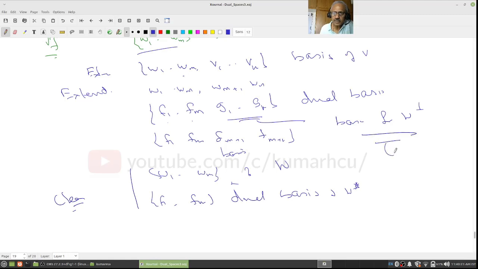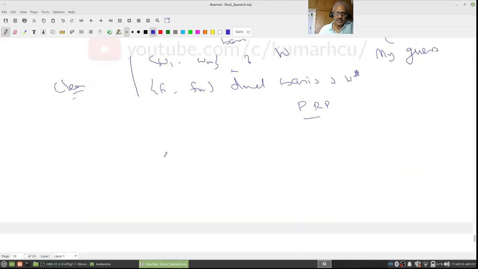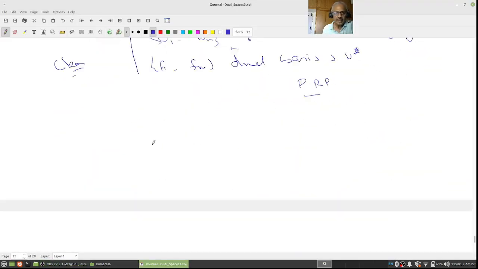This is my expectation. Try to understand, you may not understand 100%, but try. So what I want to claim is, if F belongs to W perp, then F is something like B1 G1 plus BK GK. That is, it lies in the span of G1 to GK.